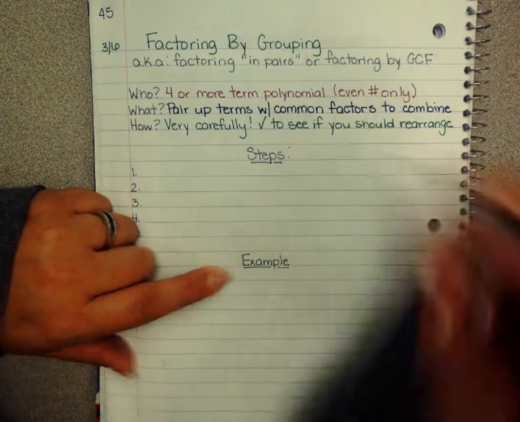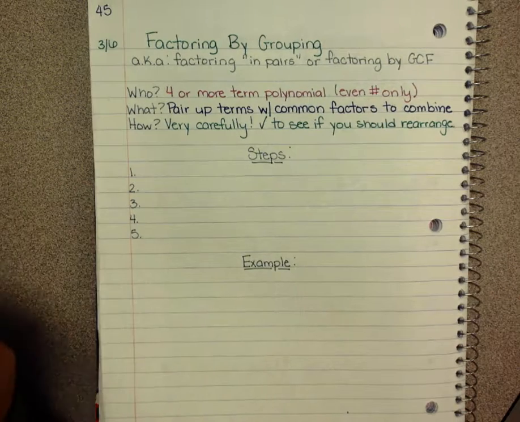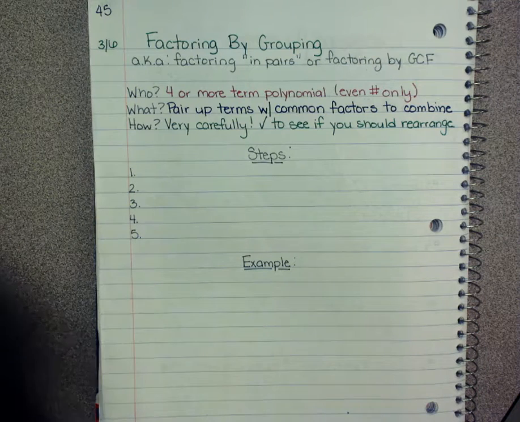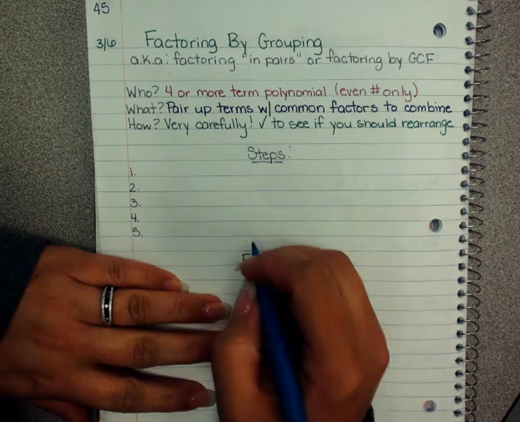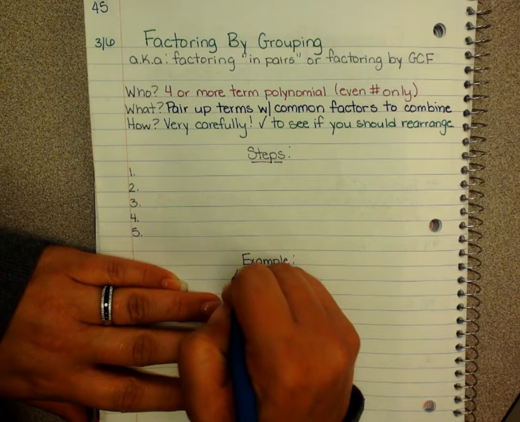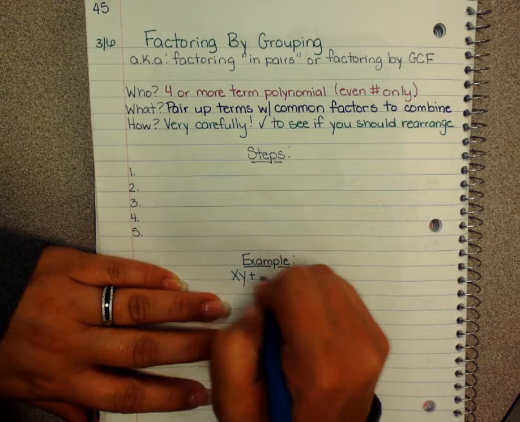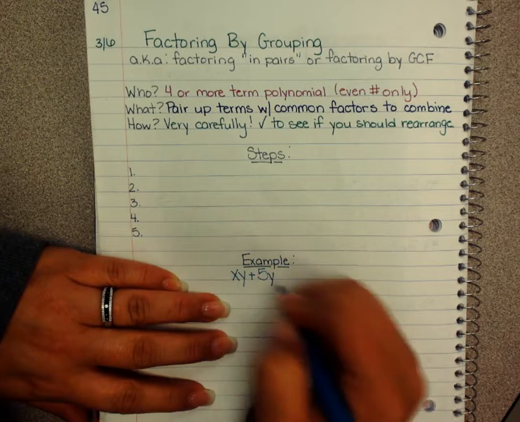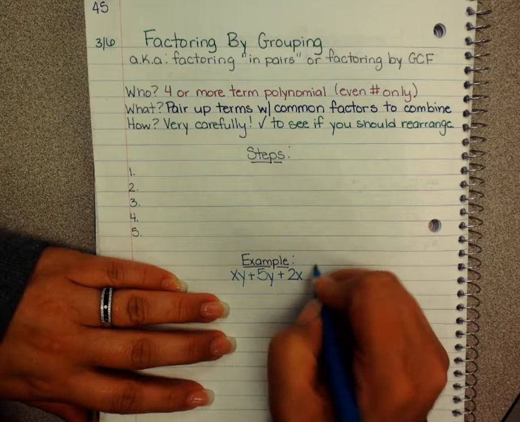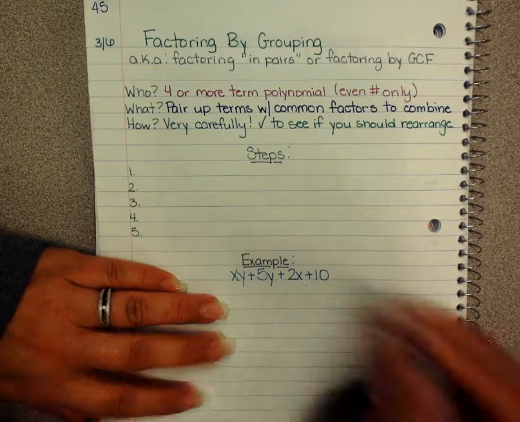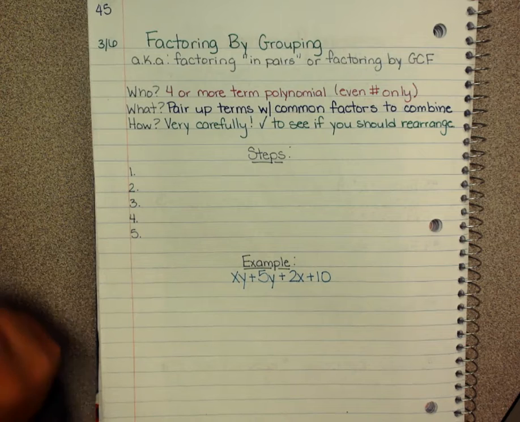We are going to walk through our example as we do our steps. Our example for our foldable is xy plus 5y plus 2x plus 10.